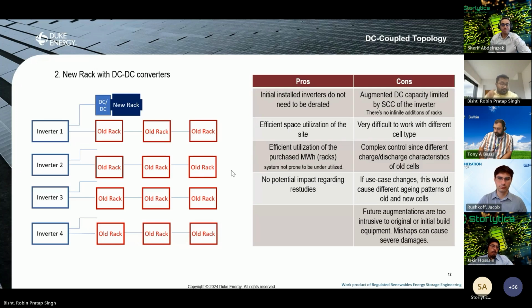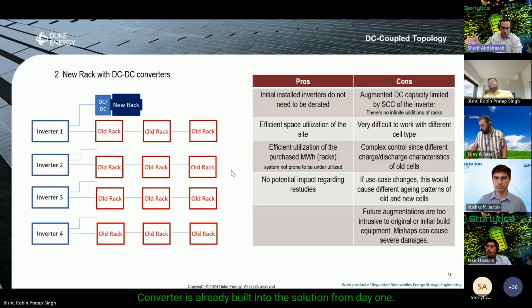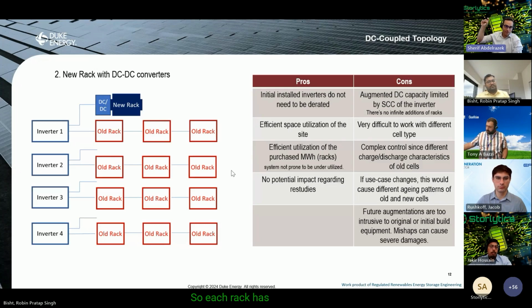Yeah. Great. And also another point about DC-DC converters: you get a lot of integrators that come out with solutions in which the DC-DC converter is already built into the solution from day one. So each rack has a DC-DC converter on top of it.